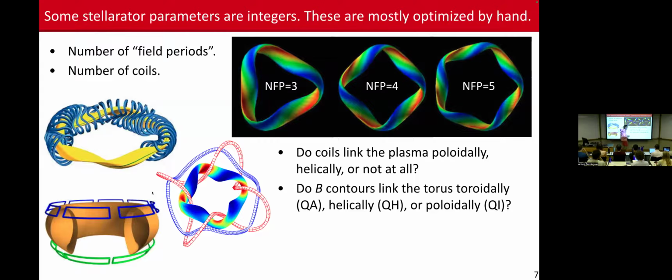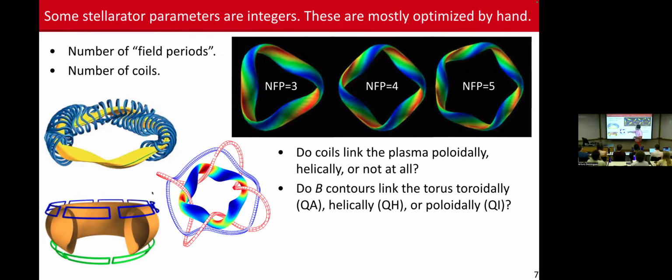Okay, and then a couple other choices for coils. Again, we'll talk more about coil optimization near the end. So one choice for the coils is how they are topologically linked with the plasma. Are they poloidally, helically, or not linked at all? You can see here some options.